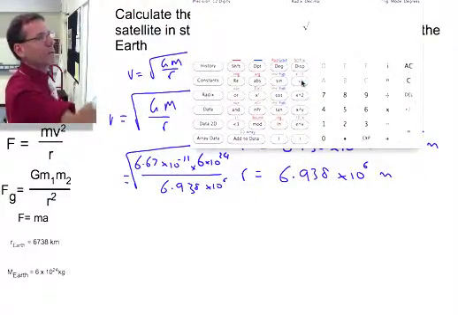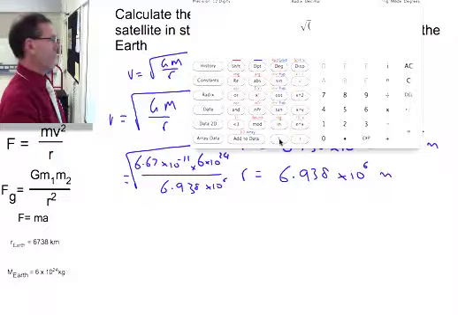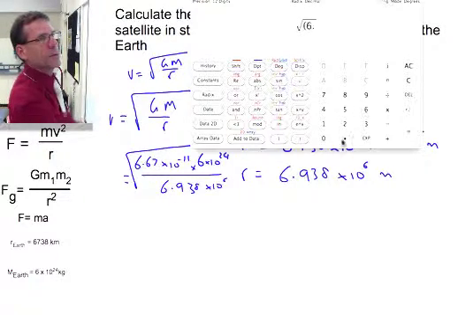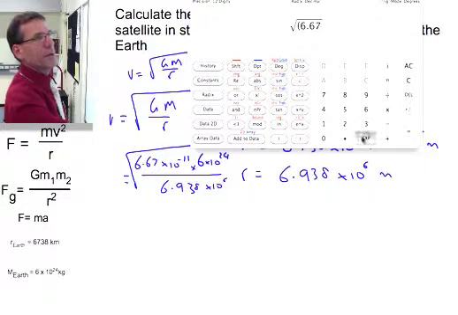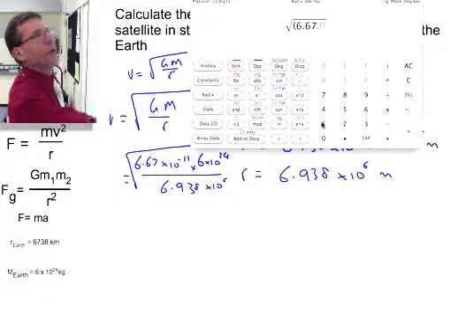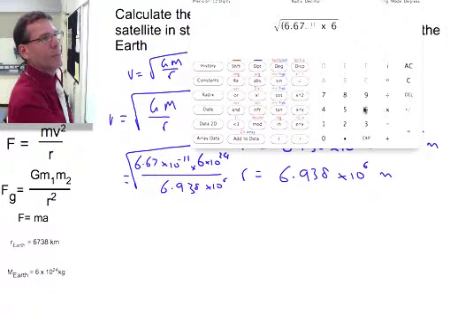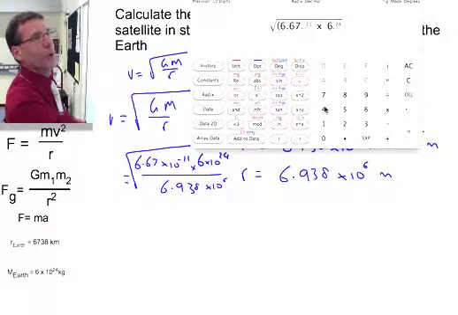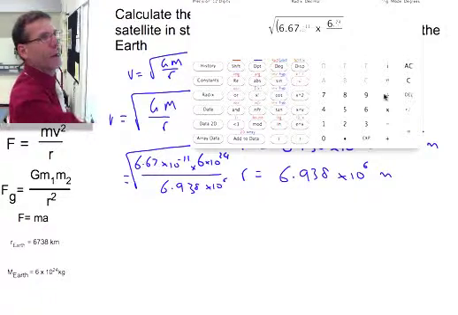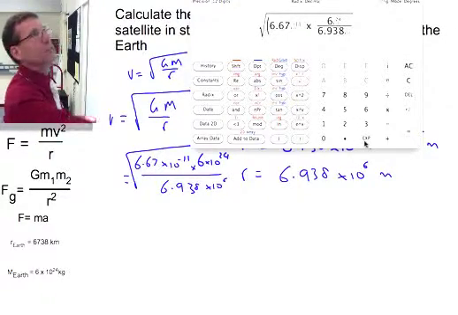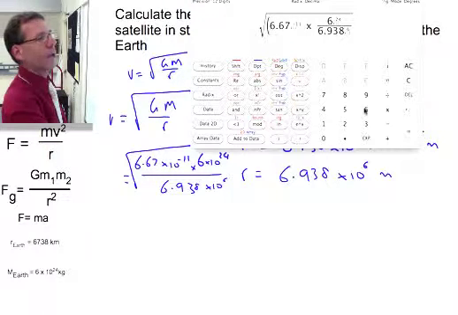So I want the square root of 6.67 times 10 to the minus 11 times 6 by 10 to the 24 divided by 6.938 times 10 to the 6. You can probably do this faster than I can.